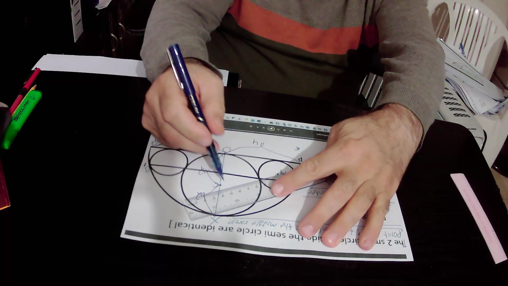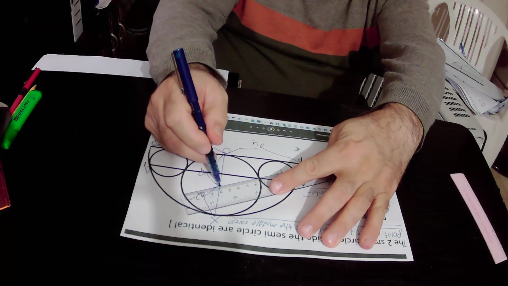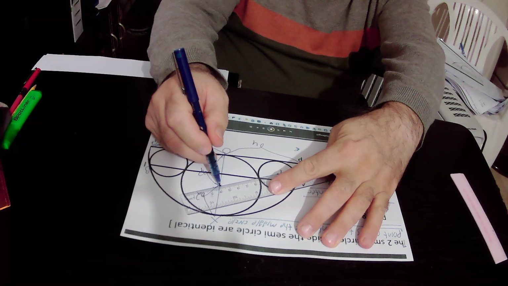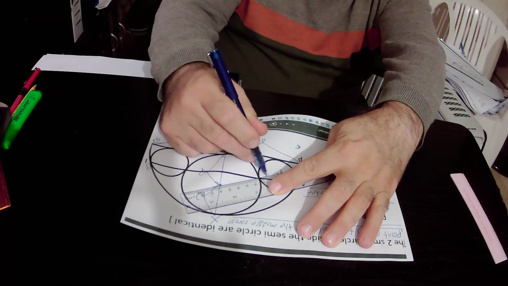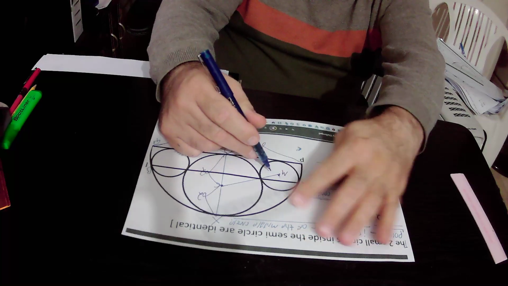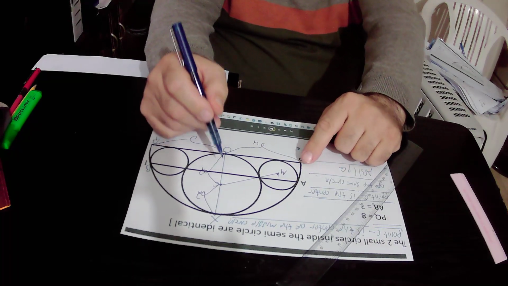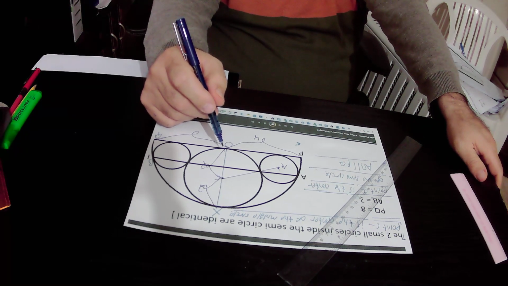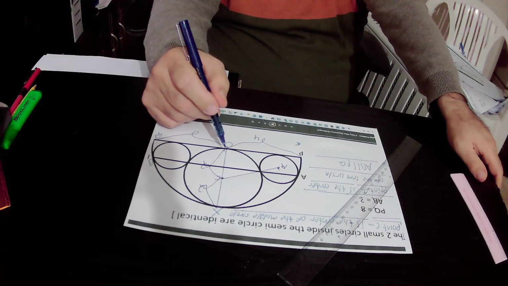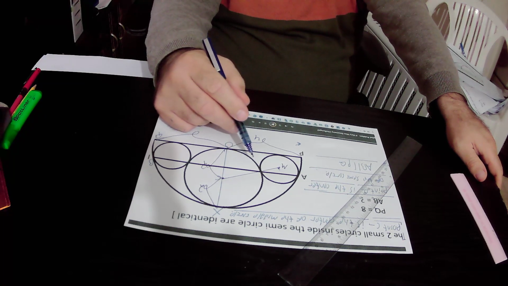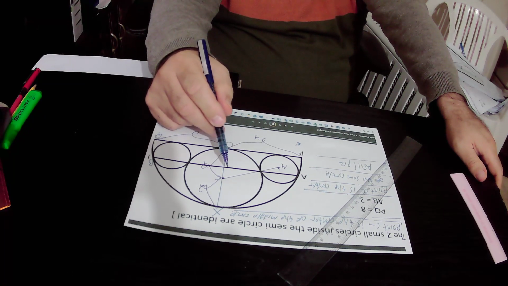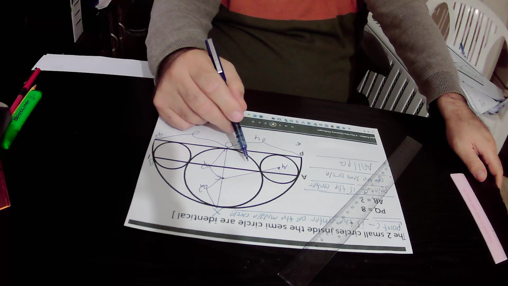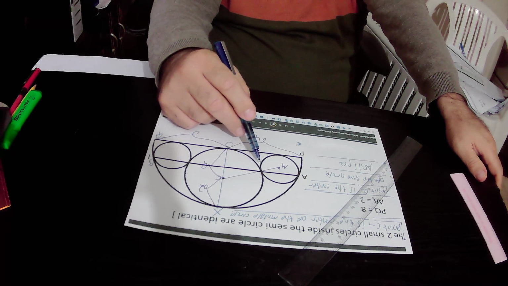So line segment MC is actually the distance between the centers of those circles, the distance between the centers of two circles that have an external tangent between them.